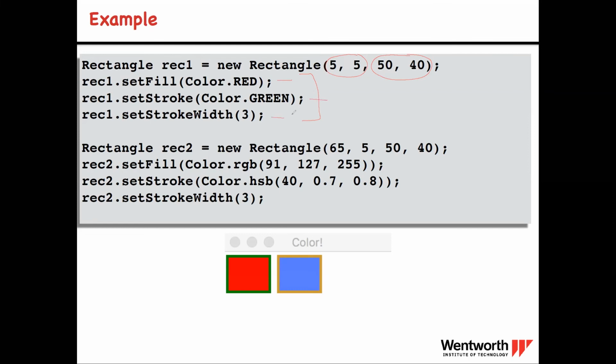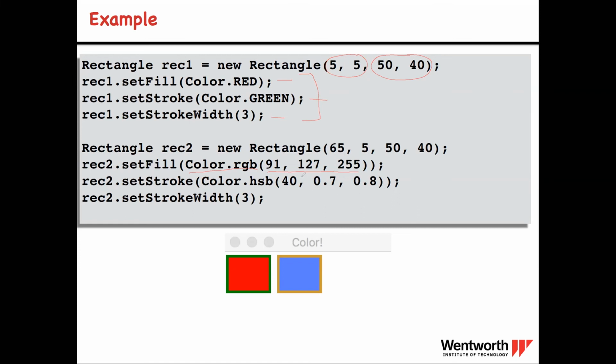Those are things that we messed around with for our circle. The second rectangle uses Color.rgb and then gives it some RGB values in ints. So this is creating a particular color based on RGB. There's also HSB as well. Typically I use V for the value, but they did HSB in this one.